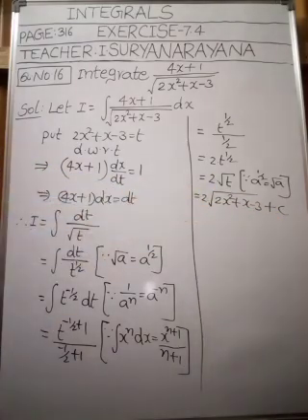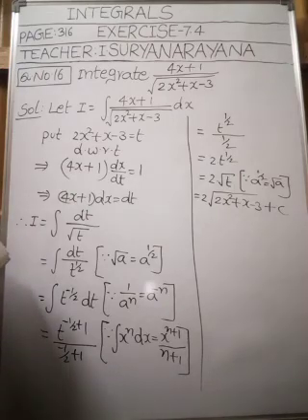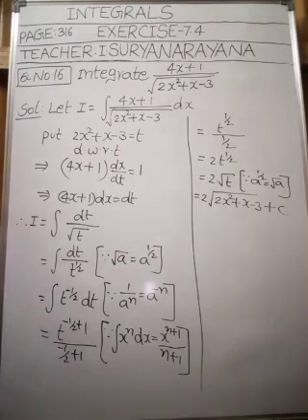Understood, my children? You please try question number 17 also. In question number 17, the numerator is given as a sum of two terms, x plus 2, by root of x square minus 1. So split into two integrals.